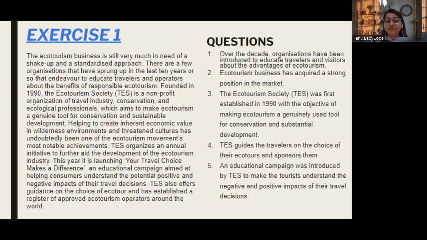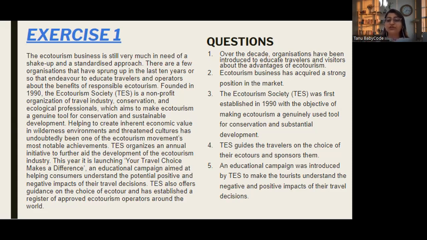Okay, the passage does talk about ecotourism, but it is not given anywhere in the passage that ecotourism business has acquired a strong position in the market. So we will conclude that this answer is not given.